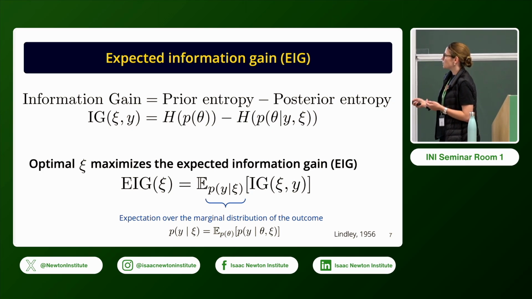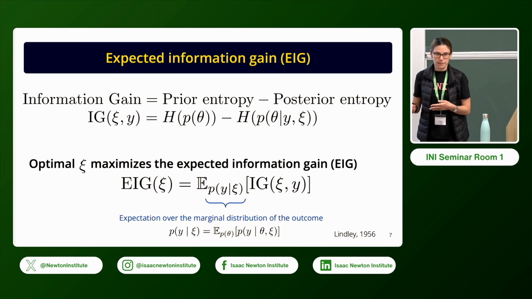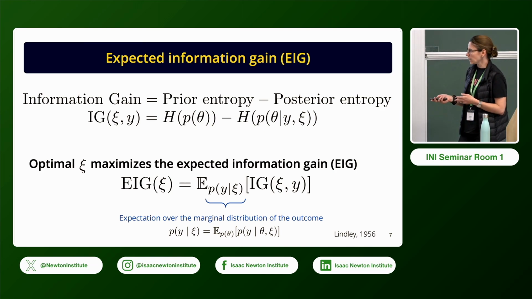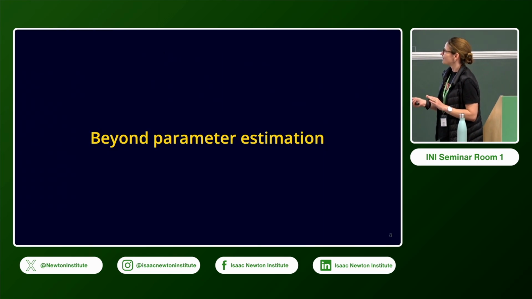So this is our expected information gain, which is what is most commonly used in Bayesian experimental design. And again, this goes back to Lindley 70 or 80 years ago now. Right. That was the quick recap.